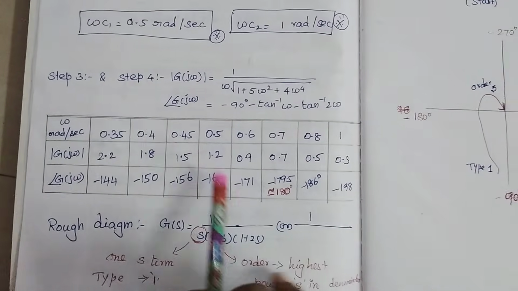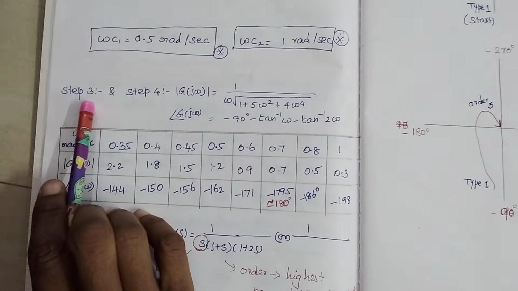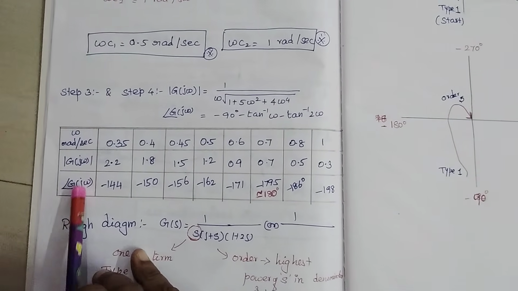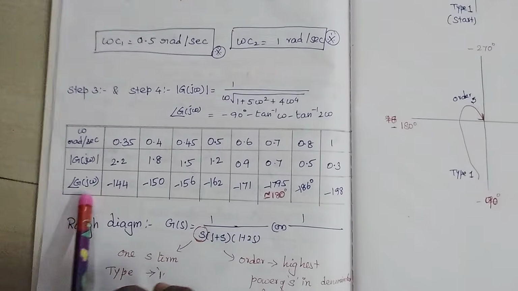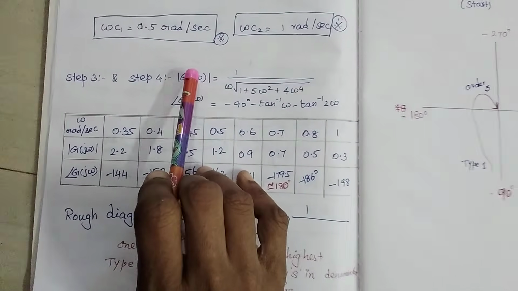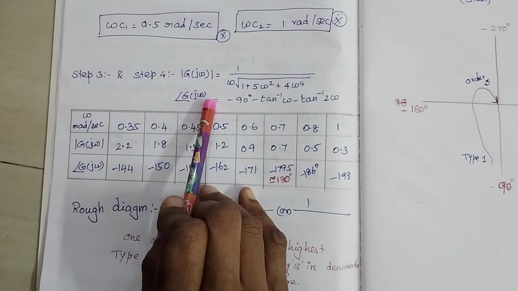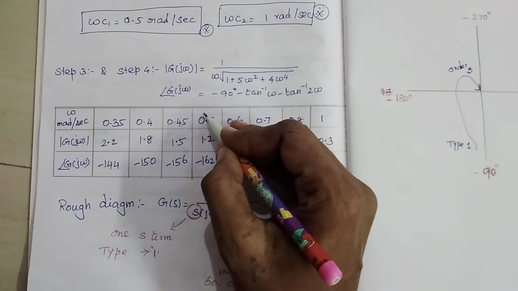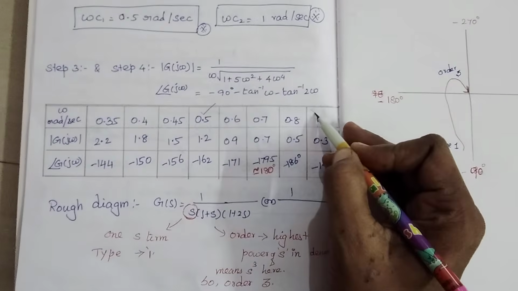So the next step, the third step, we need to find the various magnitude values and phase angle values by drawing a tabular column. We know the magnitude equation and the phase equation. Now we have the corner frequencies 0.5 and 1.